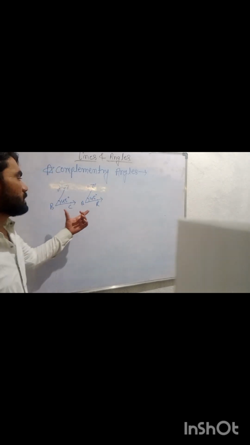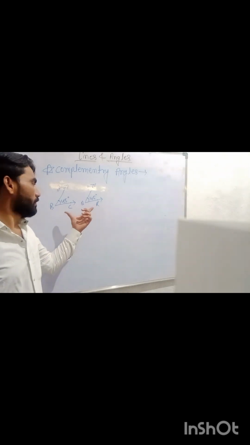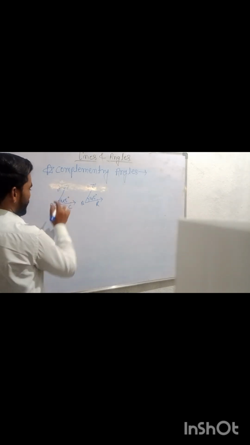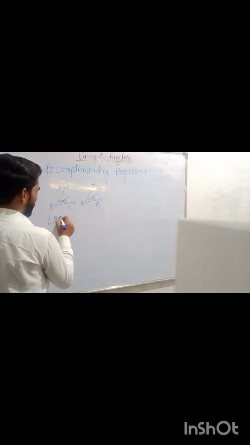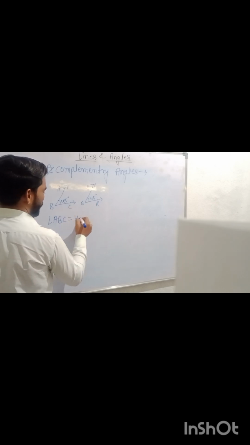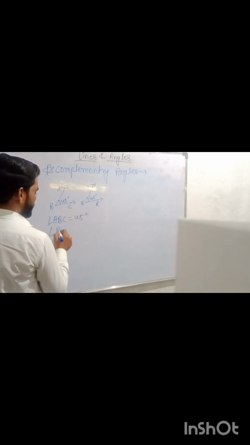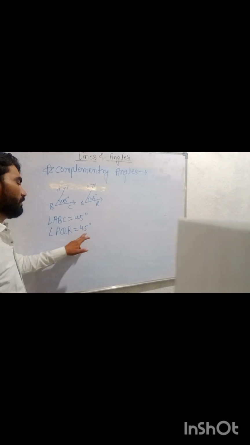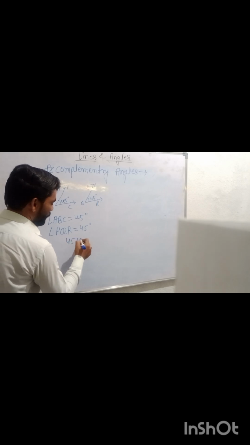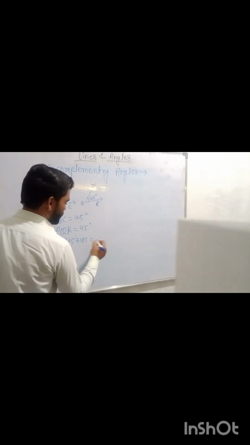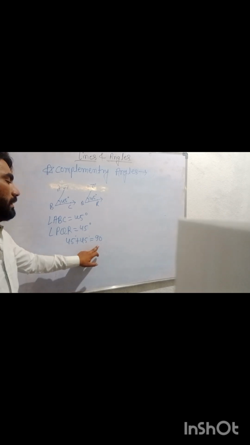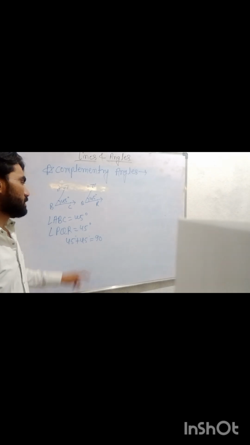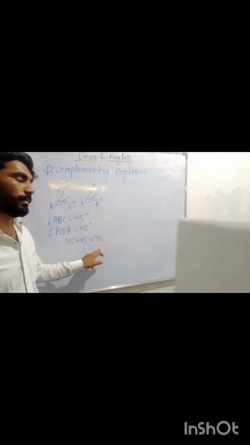Okay, dear students, we have two angles: angle ABC, whose measure is 45 degrees, and angle PQR, whose measure is 45 degrees also. When we add 45 degrees plus 45 degrees, we get 90 degrees. These angles' sum is 90 degrees, so we call them complementary angles.